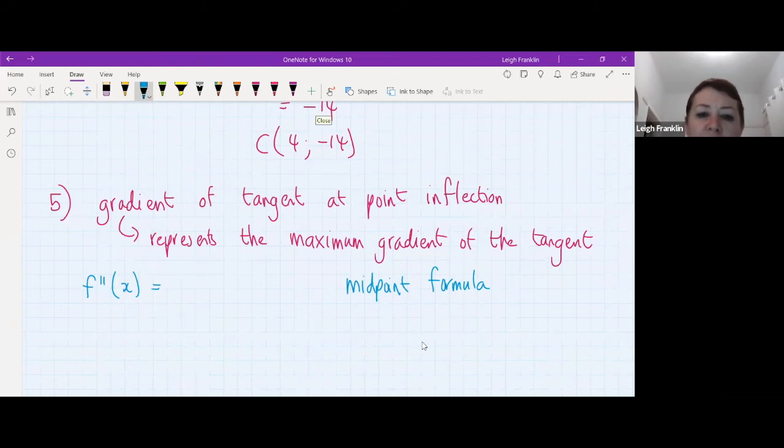Yes, Leoborna, it's a difficult concept to understand, but basically the gradient at the point of inflection is the maximum gradient, the biggest possible gradient that the cubic function can achieve between its turning points. And that happens at the point of inflection. But don't get too caught up on that. This may not be something that they ask you. This is a little bit of extension work.